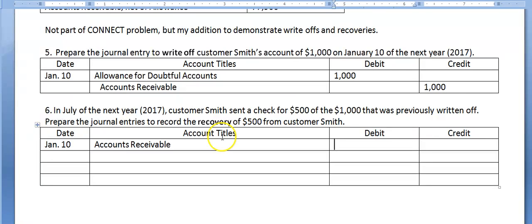But we're only going to put it back for the amount that the check is for. He may decide to pay us more later on, but we'll only restore it for the amount that the check will be for. Okay, so now the accounts receivable account is back on your books and you can debit cash and credit that customer's accounts receivable account.